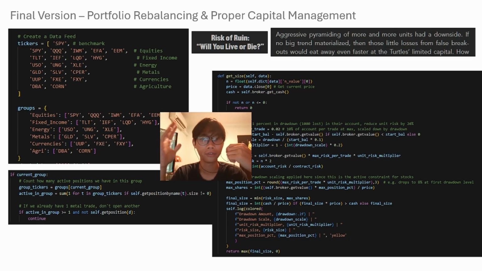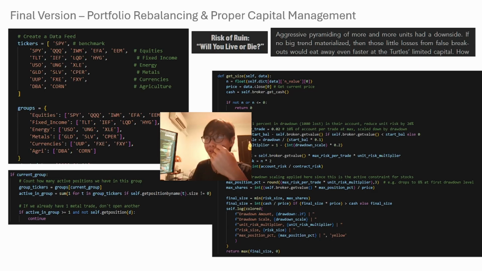But let's say you lose 10k, so starting from 100k, you lose 10k, now you're at 90k, that unit risk multiplier gets to 1. So it's 20% less you get to trade. I hope I'm making sense here. The 2% you get to trade drops down to, let me do the math real quick.